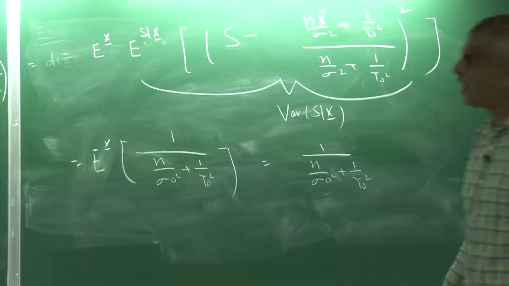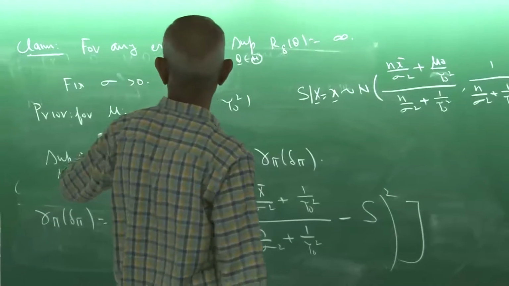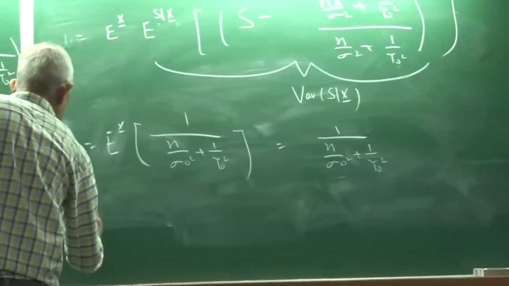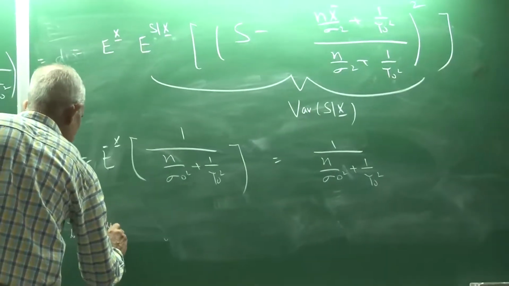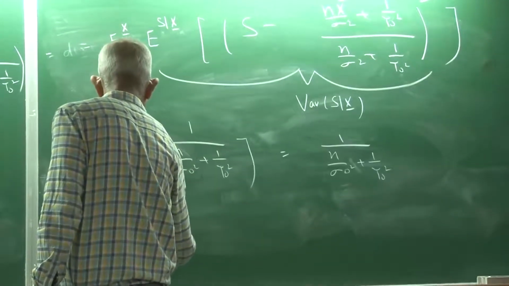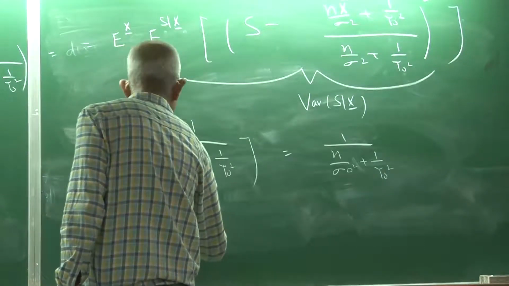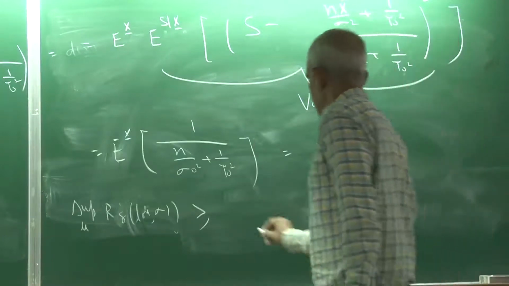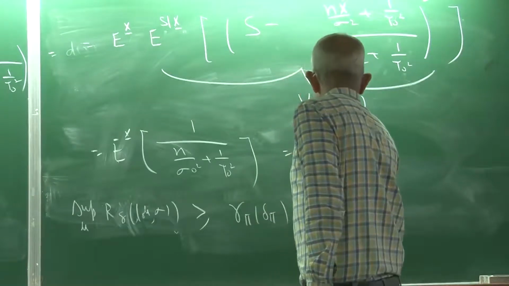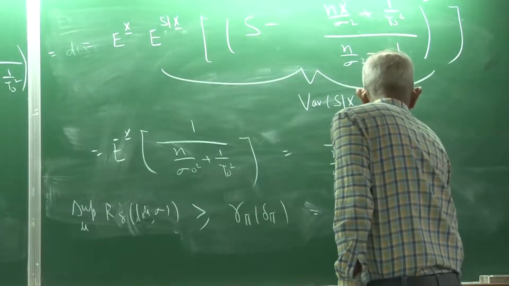So whatever may be the prior distribution, your supremum over mu of R delta mu sigma is always greater than or equal to, as we have seen, R pi delta pi, which is the same as 1 upon n by sigma naught square plus 1 upon tau naught square.